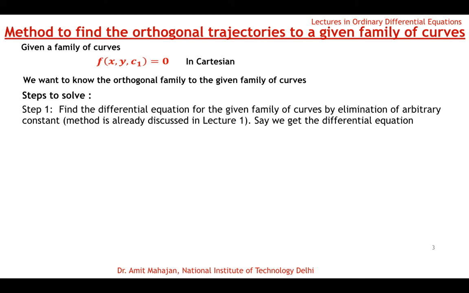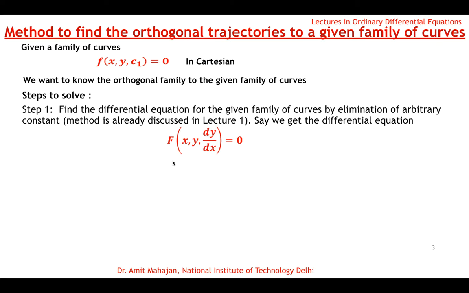So step one is to find the differential equation for the given family of curves by elimination of the arbitrary constant. We have already discussed this in the first lecture: by taking one derivative of this equation and eliminating c1, we can calculate the differential equation whose general form is a function of x, y, dy by dx equal to 0. So step one is that from the given family of curves you construct its differential equation.